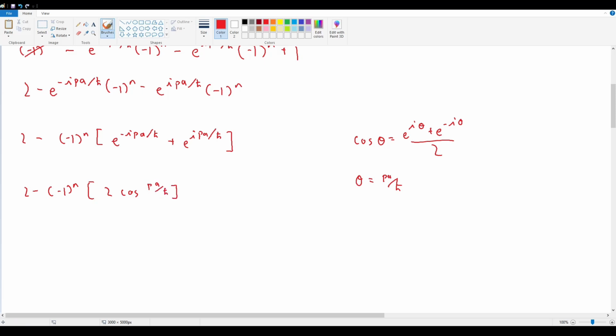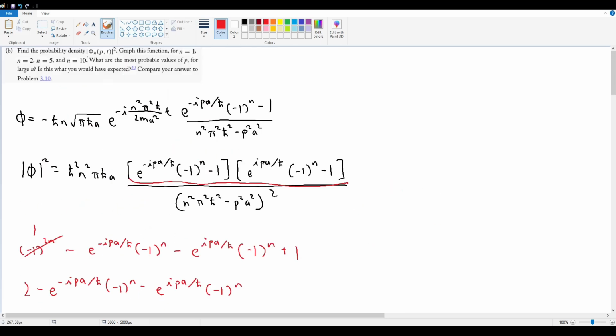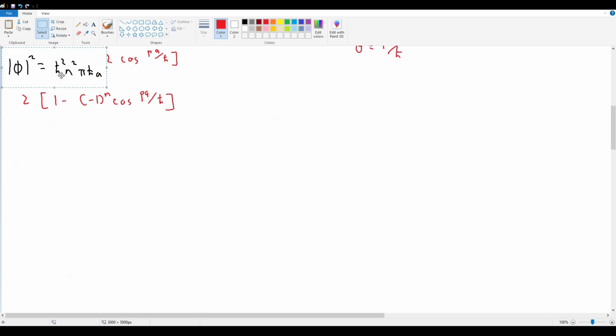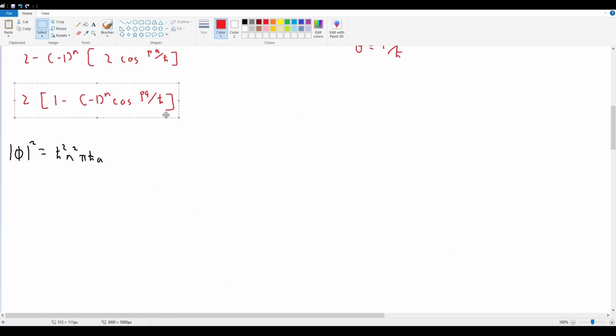Okay, now let's factor out the 2, in which case this is going to become 2 times 1 minus negative 1 to the power of n cosine pa over h bar. Now let's go back to the top and take this, copy it, move it over like this, and then attach this expression to the front.